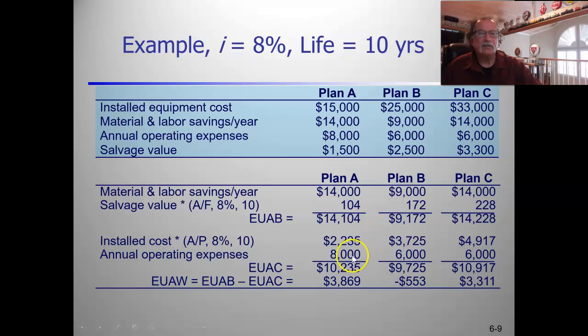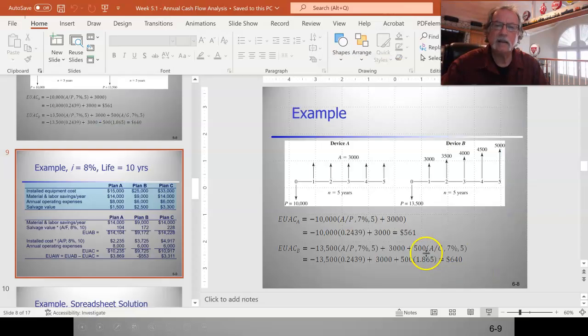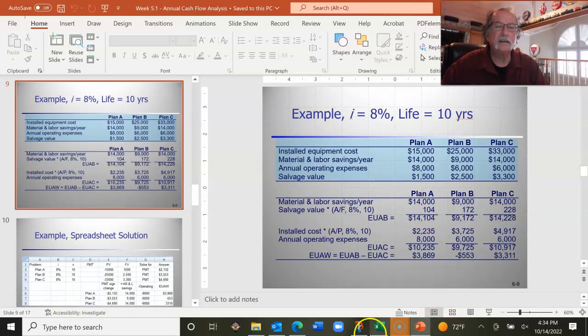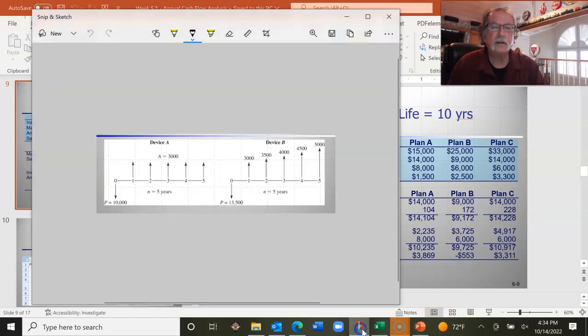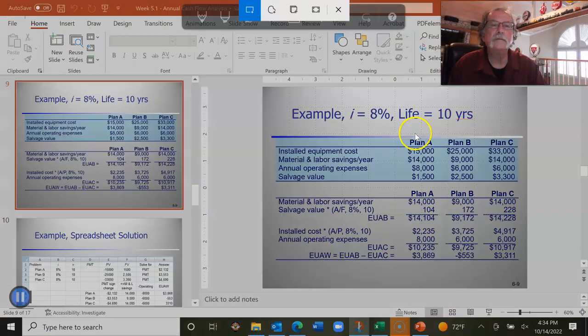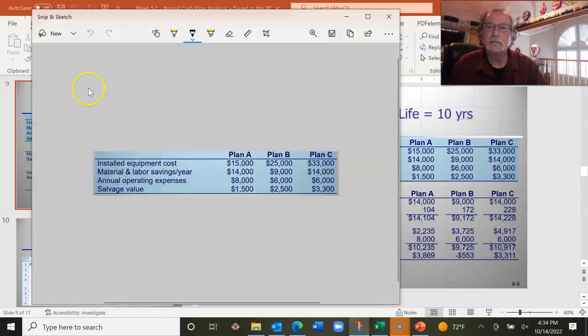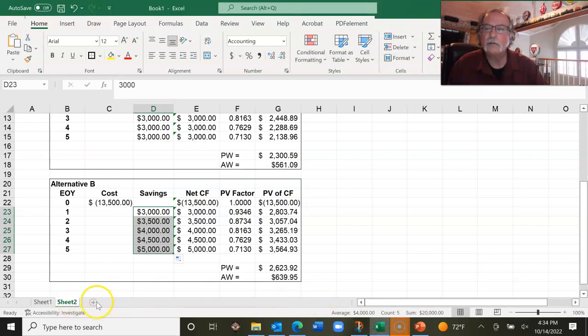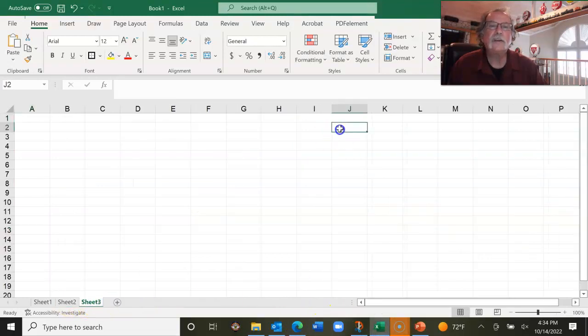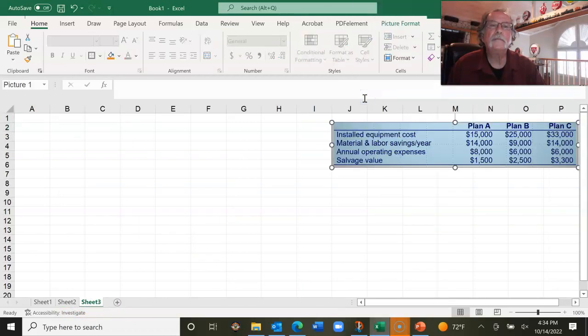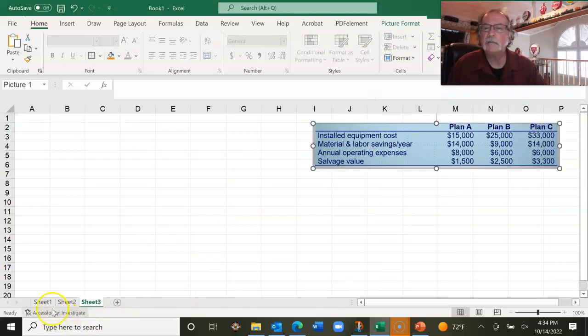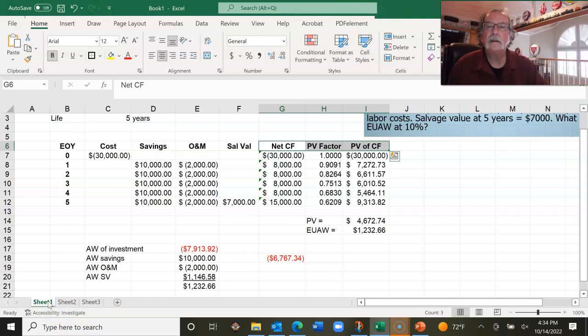Let's just do one of these. I'll just do the first one. So we'll go over here, and this is our first one. Now this is going to be very similar. In fact, what I should do is this.